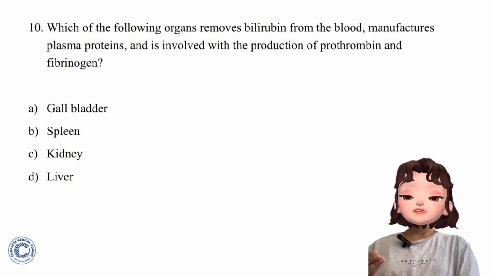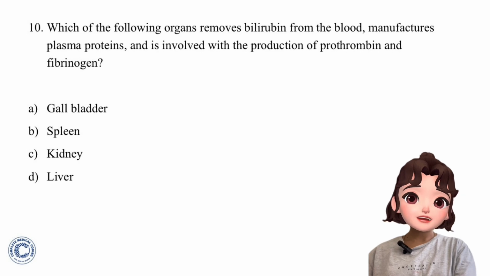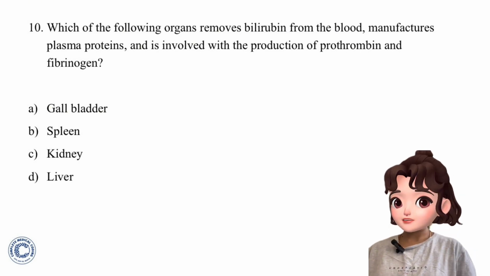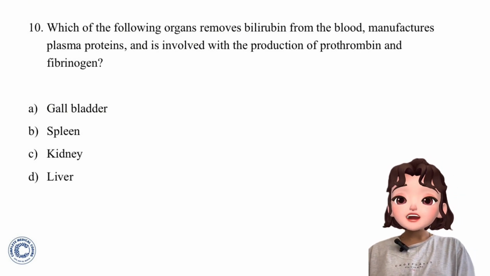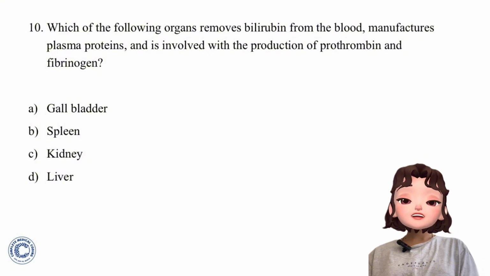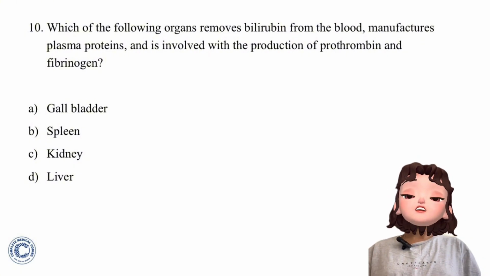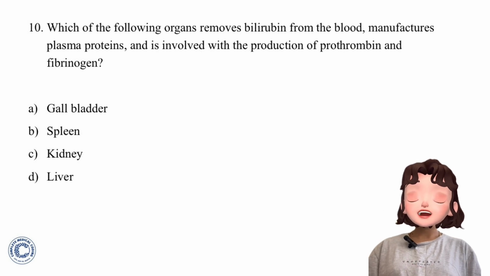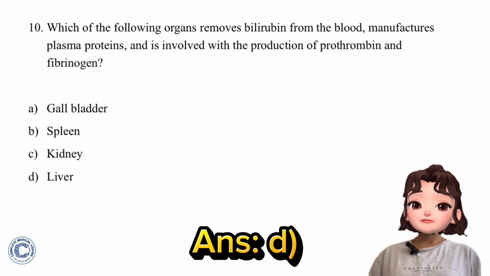Still, go to the options. Option A, gallbladder. Definitely no. Option B, spleen. Option C, kidney. And option D, liver. So which is the organ connected to bilirubin? Of course, the answer is option D, liver.